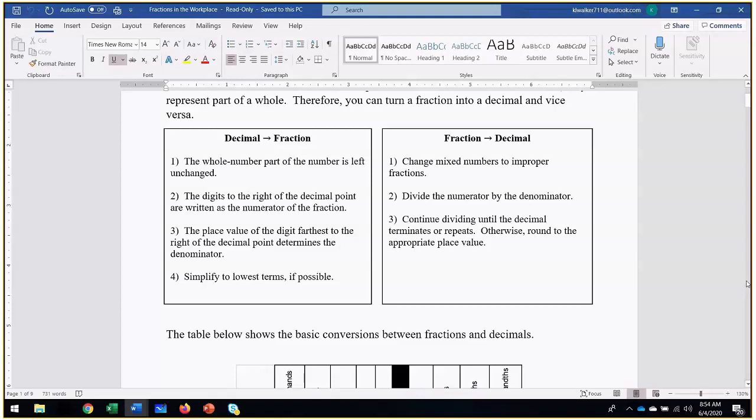And then you just keep dividing until you see your decimal will either terminate, meaning it just ends, you have a 0 remainder, or it'll repeat, and then you'll see that pattern happen. If you don't see either one of those things happening, if it just never seems to end, there's no pattern whatsoever, it's probably called an irrational fraction.